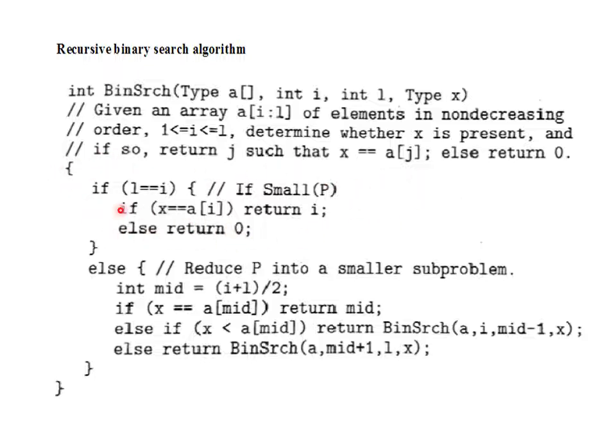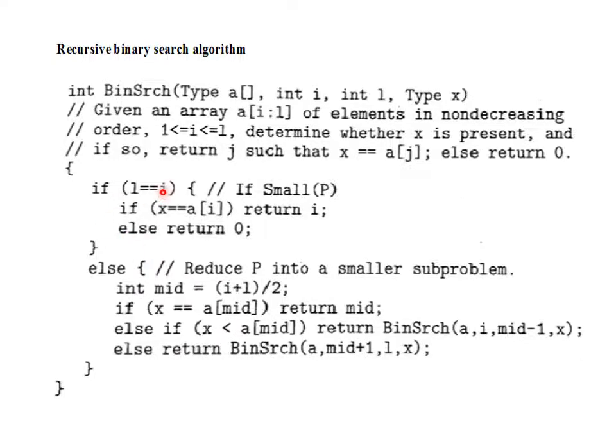Every binary search algorithm should contain one terminating condition, or base condition, because when we divide the problem into subproblems and call the function again and again recursively, at some point the recursive function should stop calling itself.